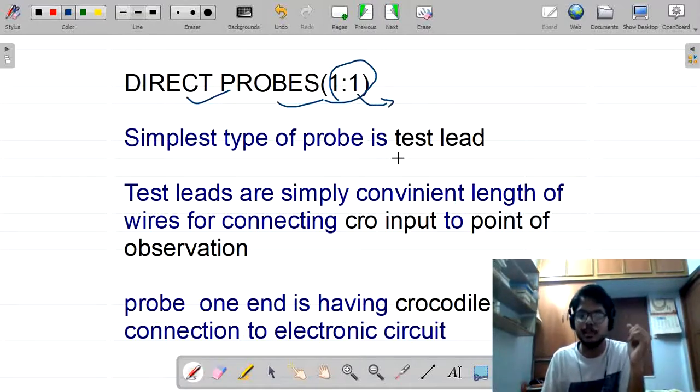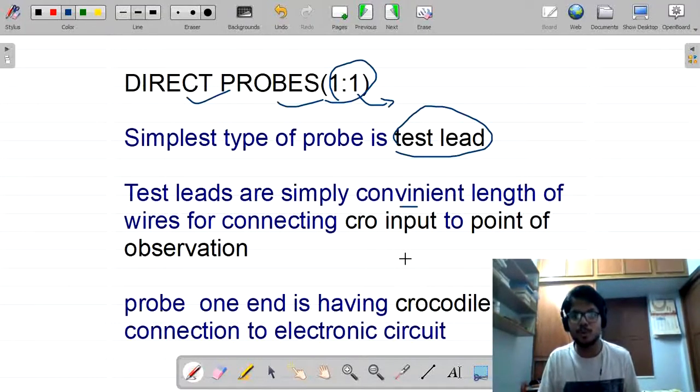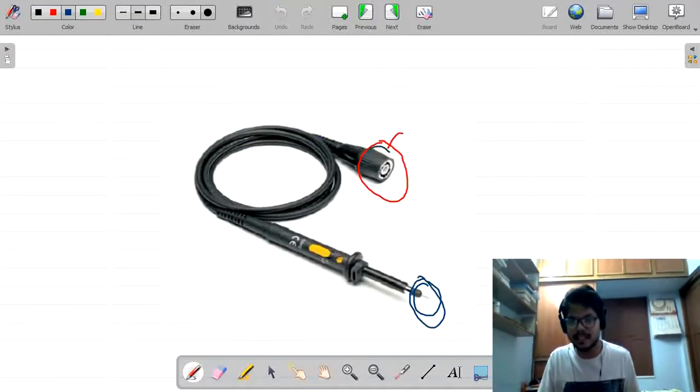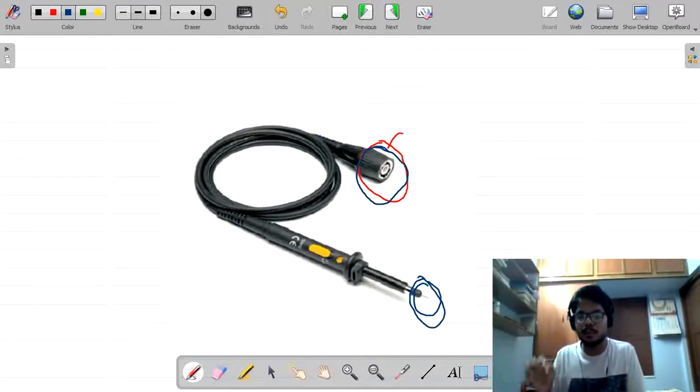The simplest type of probe is a test lead. Test leads are simply a convenient length of wire for connecting the CRO input to the point of observation. So from this we can clearly see that the CRO input is connected to this scope, and the point of observation is connected by this test lead.